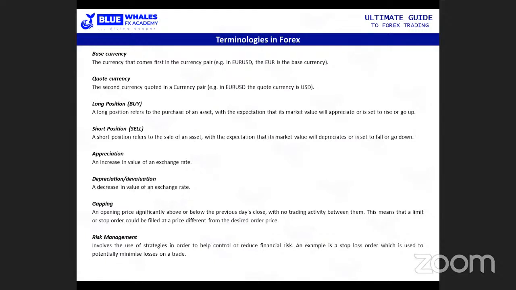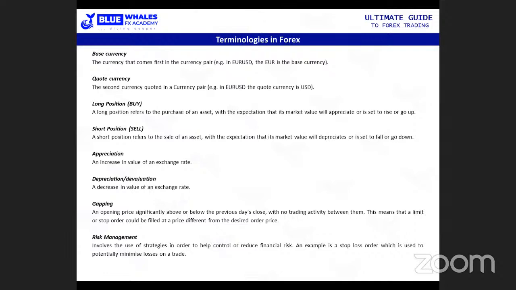Then we have long. Long means what? Buying, right? Buying refers to the purchase of an asset with the expectation that the market will appreciate, or is set to rise or go up. Vice versa is the short position, or sell.